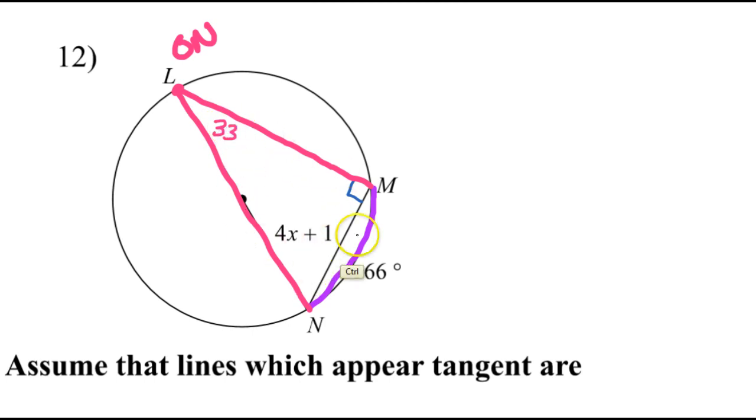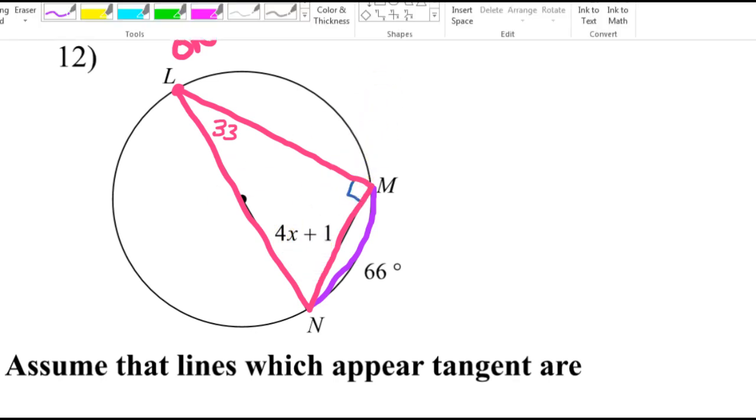So we have a number or an expression for all three angles inside this right triangle. Okay, so I'm looking at this red right triangle. We have 33 degrees, we have 90 degrees, and we have 4x plus 1. All of those need to add up to 180.